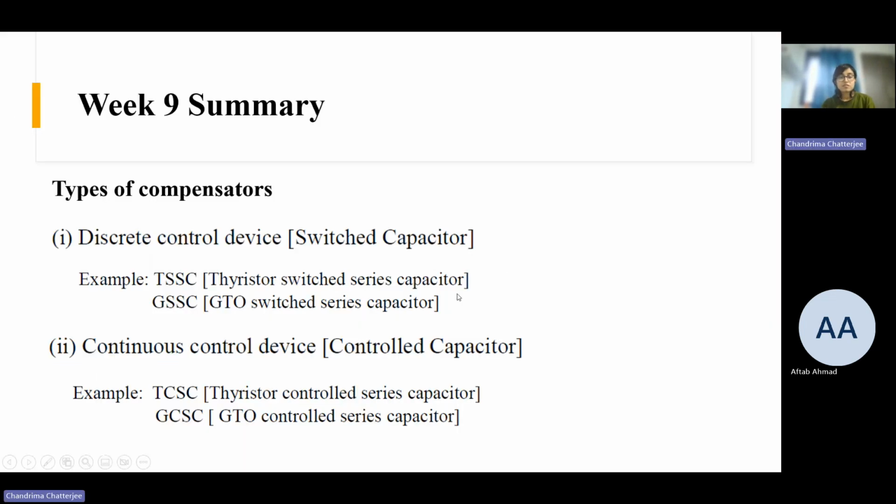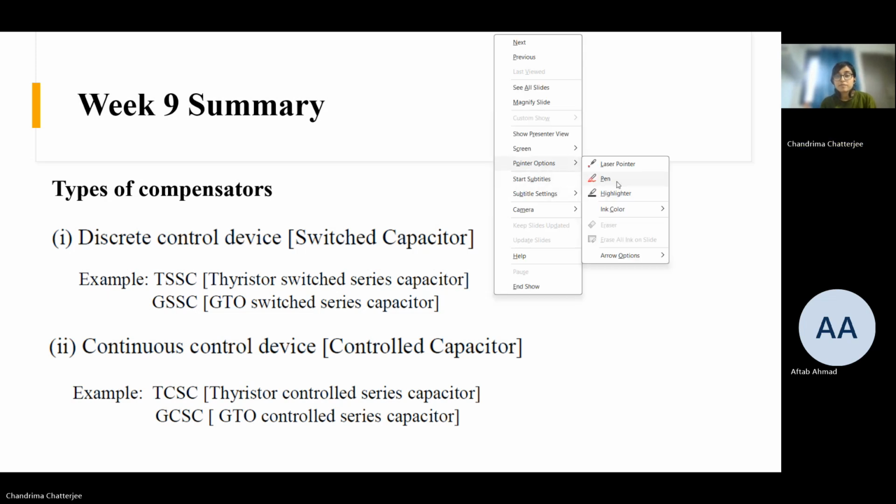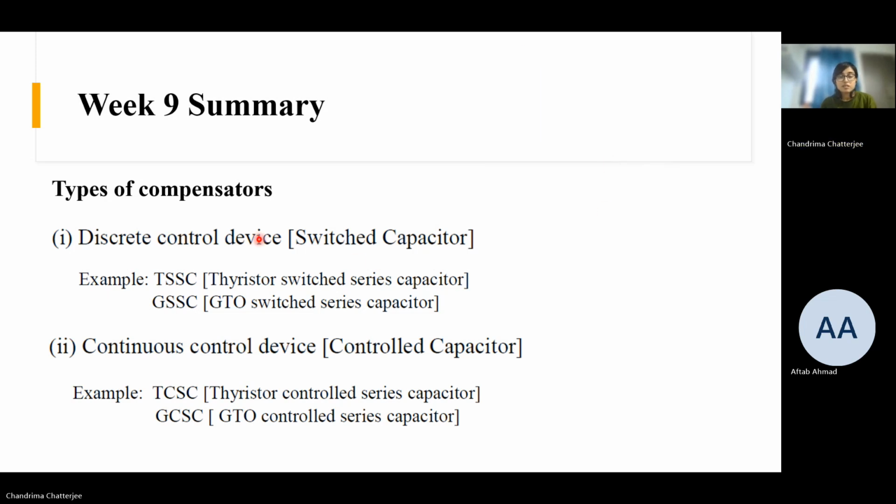So, firstly, we shall talk about the different types of compensators. First is the discrete control device. What does it mean?